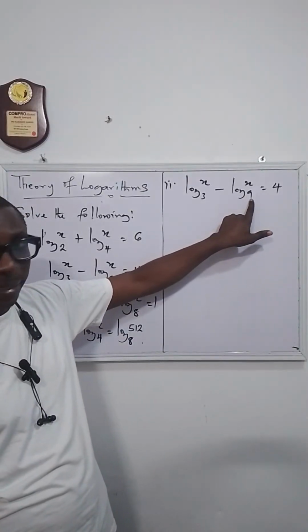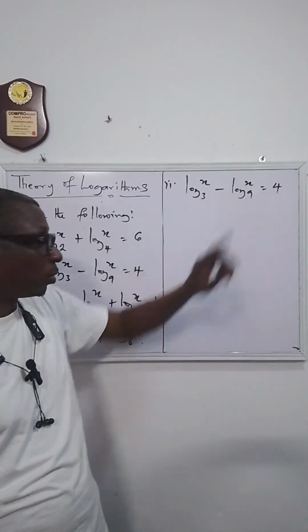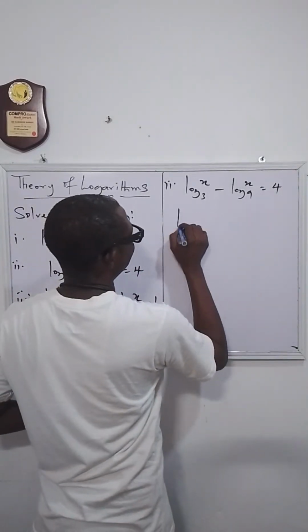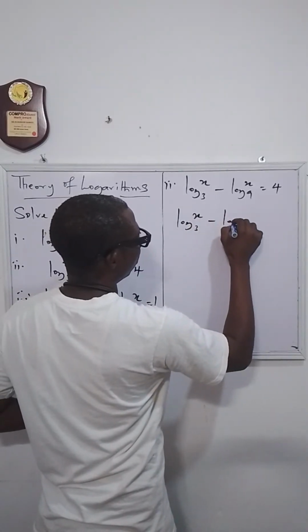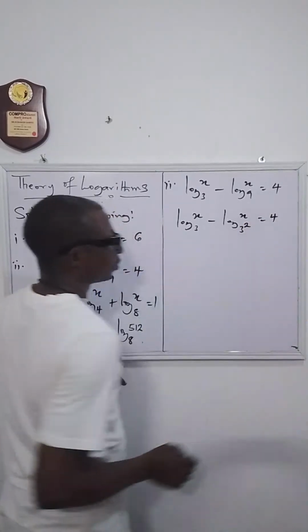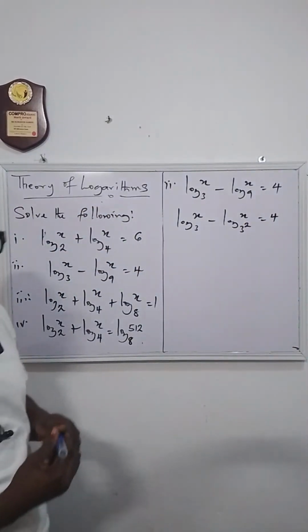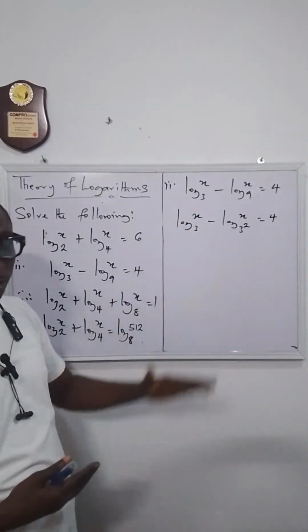Now this is 9. 9 can be written as 3 raised to the power of 2. So the left hand side is log of x base 3 minus log of x base 3 raised to the power of 2 equals 4. When solving problems like this, don't jump steps; follow it sequentially.